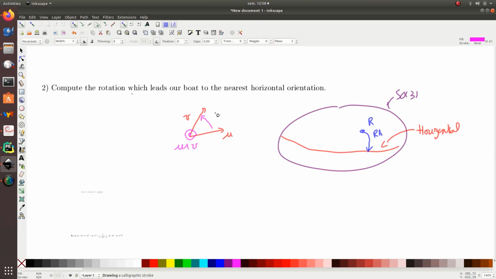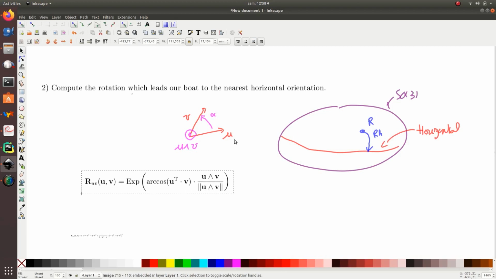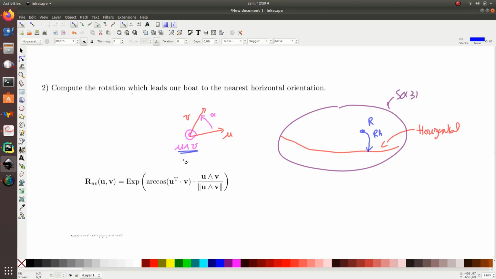And now I have to find the angle, and of course the angle will be related to the cosine of u and v. For this I have this formula, which is rather intuitive. I build this vector around which I have to rotate, and I normalize it.